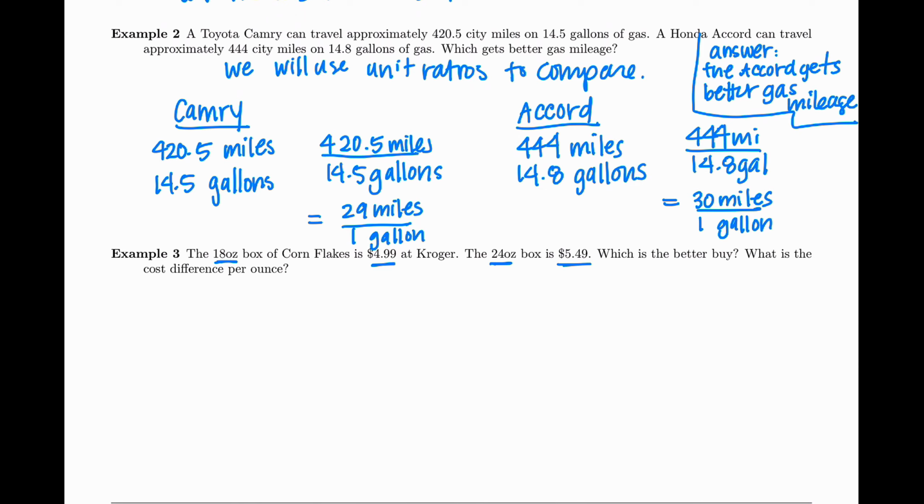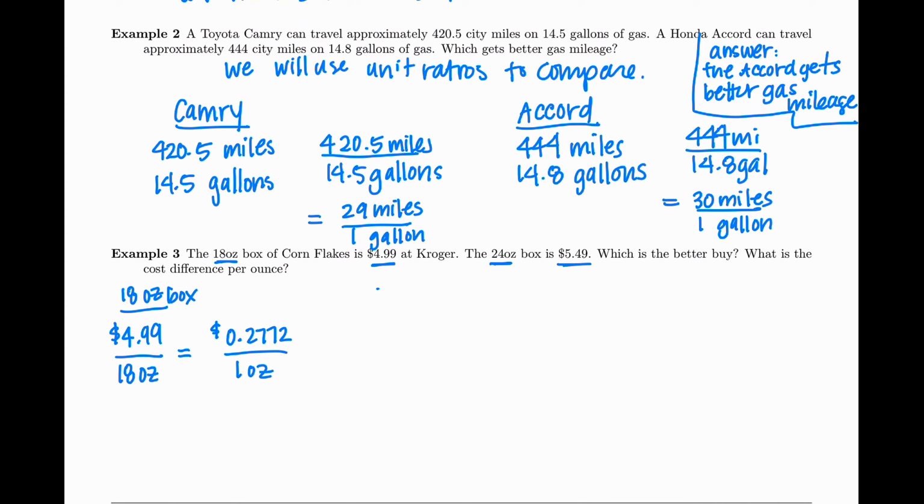Let's look at the 18-ounce box first. It is $4.99 per 18 ounces. And if we make that a unit ratio, again, we just take this $4.99 and divide by 18 using a calculator. And we end up with 0.2772, so about 28 cents per ounce.